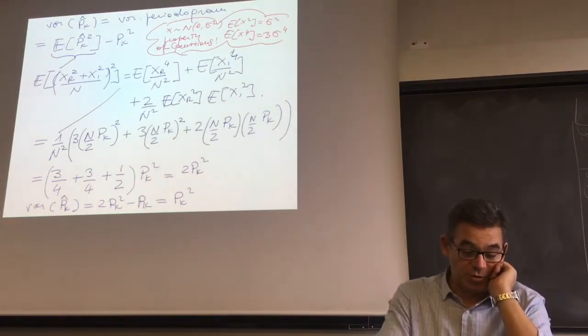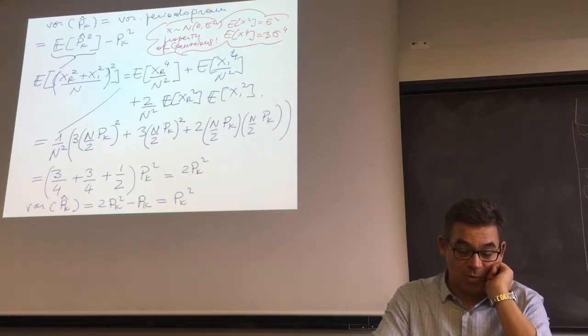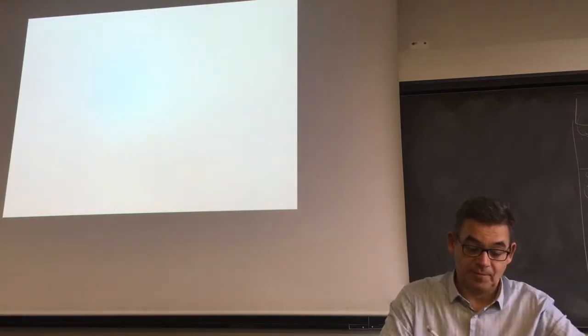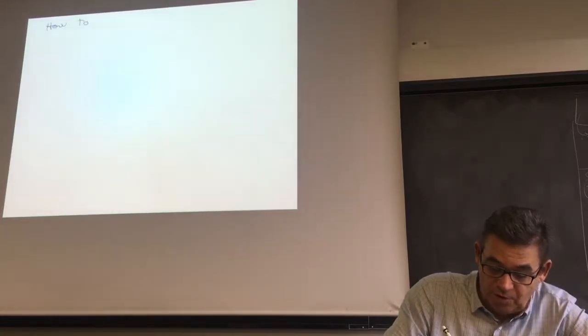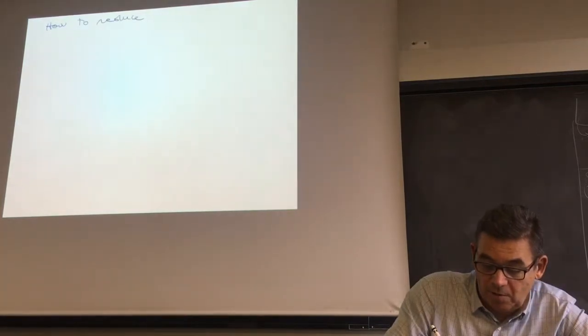So the rule is by exploiting the following property. Now, how to reduce the variance?